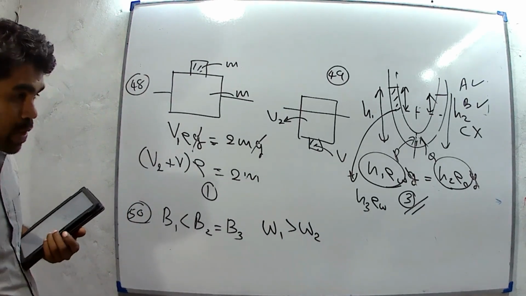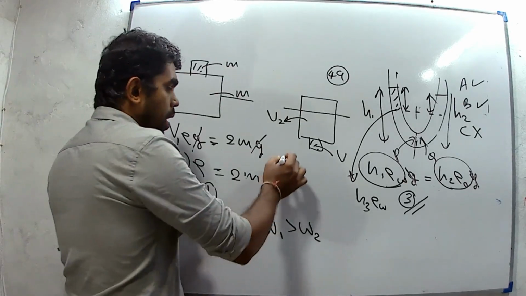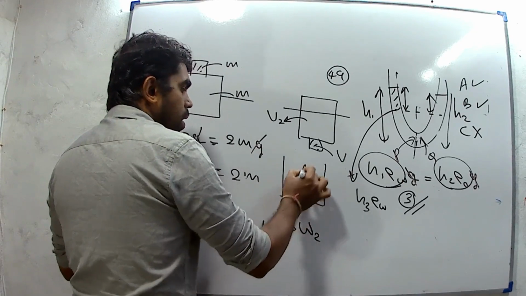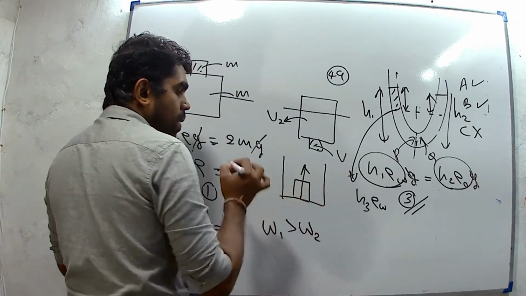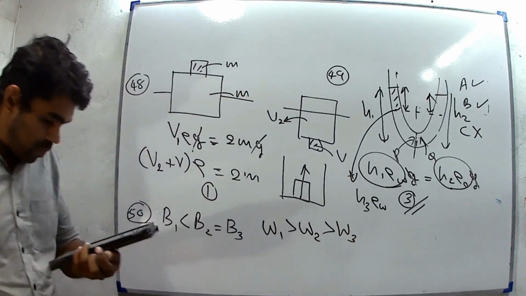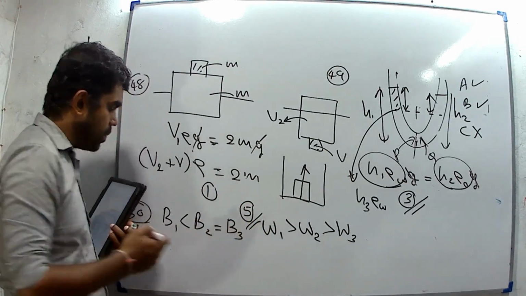For the final situation, there is a reaction due to the bottom surface and an upthrust on the object. Then W3 is the smallest value. Then answer 5 is correct for question number 50.